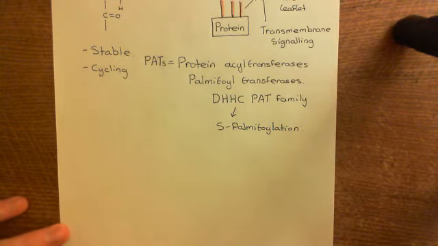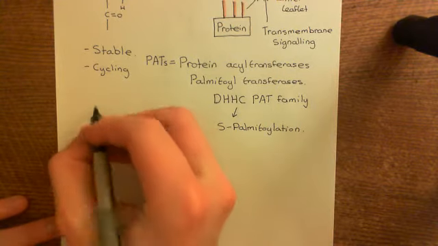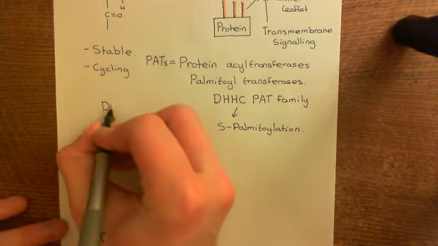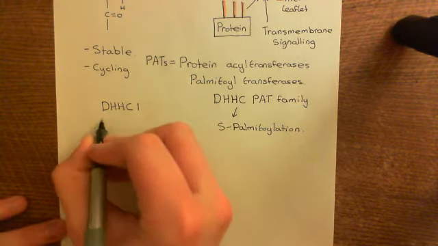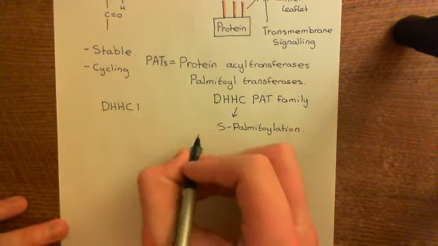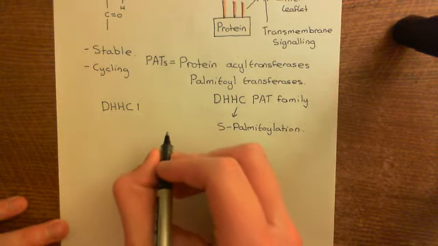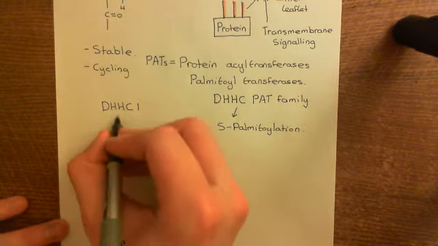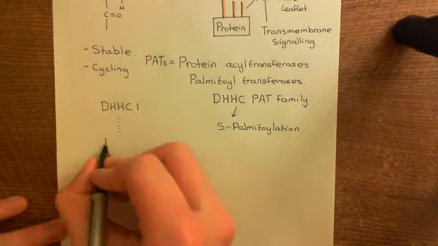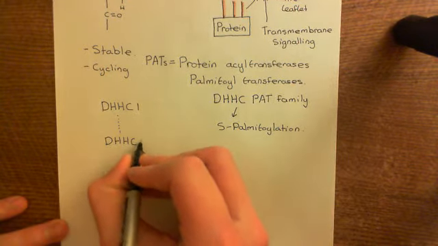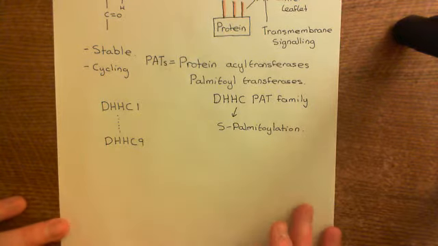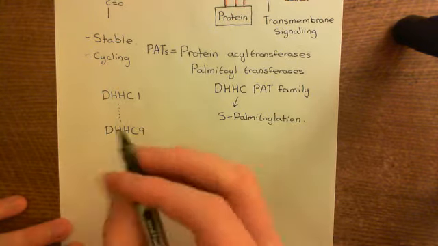And confusingly, or annoyingly, a mild annoyance, basically, is that they have been numbered DHHC number 1, DHHC number 2, DHHC number 3, then you go all the way up, and it's perfectly sensible, all the way up to DHHC 9, and I will explain to you why they're called DHHC enzymes, but we'll come to that.